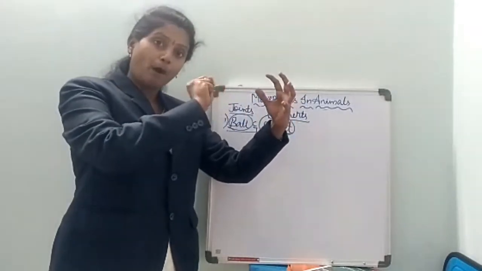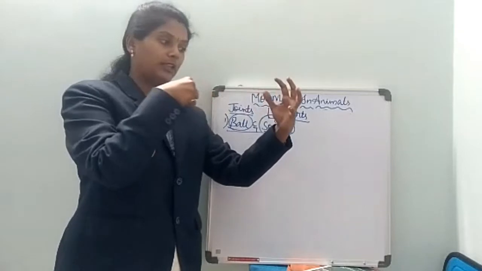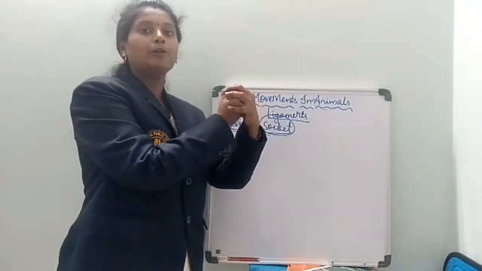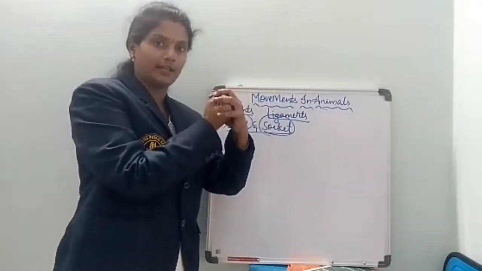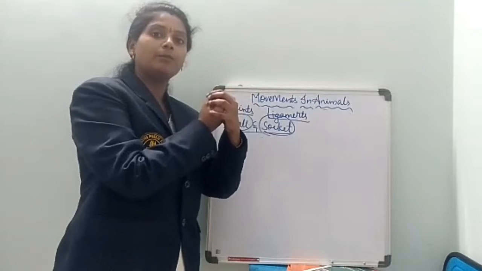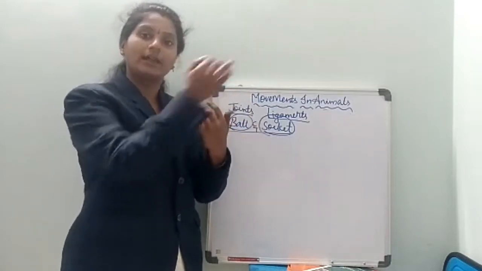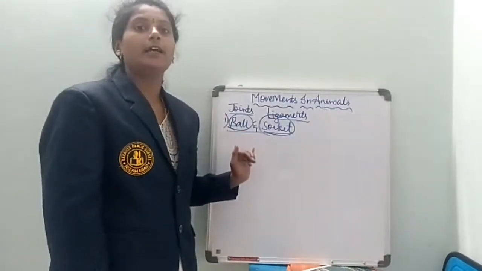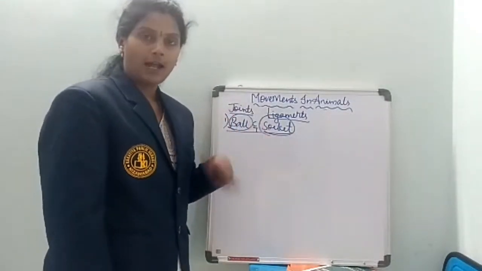The ball at one end of the bone fixes in the socket and is able to move in different directions. As it is round in shape, we can move in all directions, like we can rotate. This type of joint helps to rotate the hands or legs.